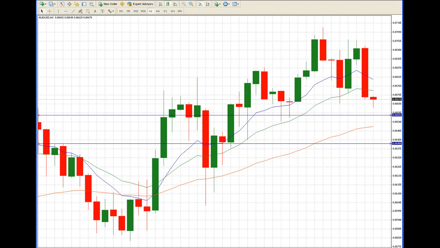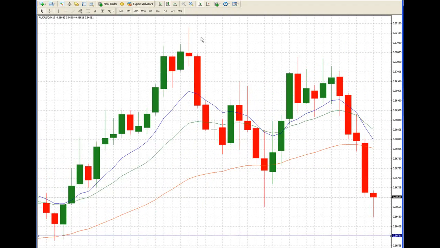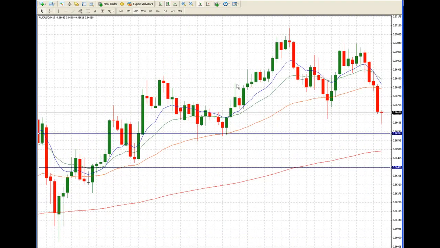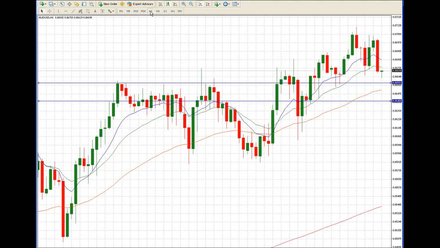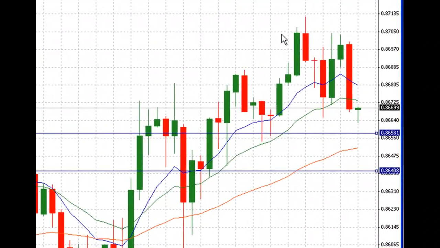And again, we can look at the exact same ABCD pattern here on the 15-minute, A, B, C, D. So it doesn't really matter which one you look at. Obviously on the 15-minute, it seems to span a lot more. What we'll do is we'll look at the hourly time frame. And there's our ABCD there.